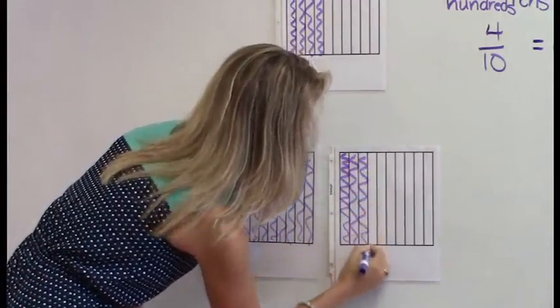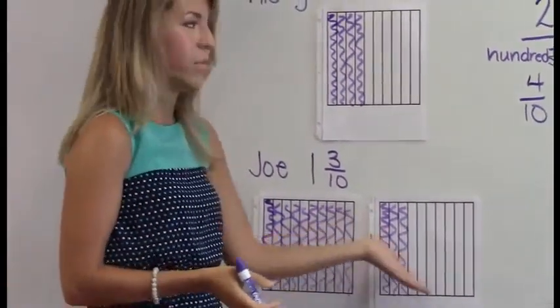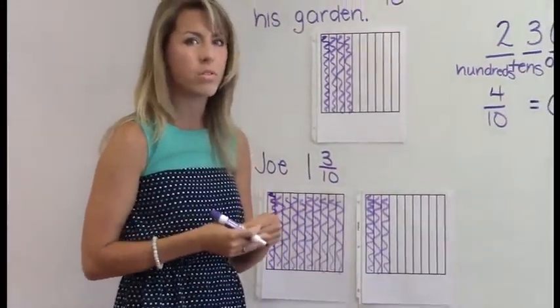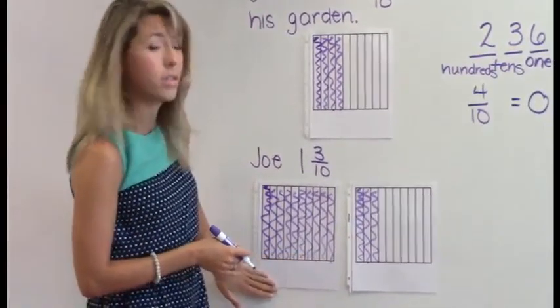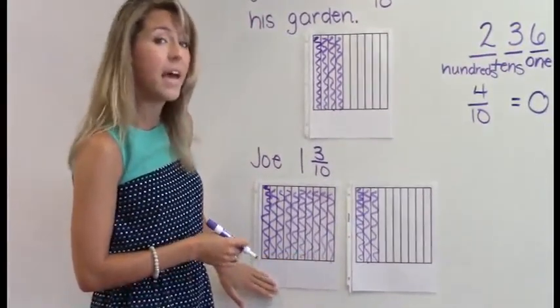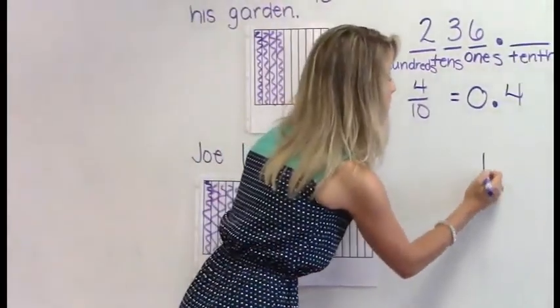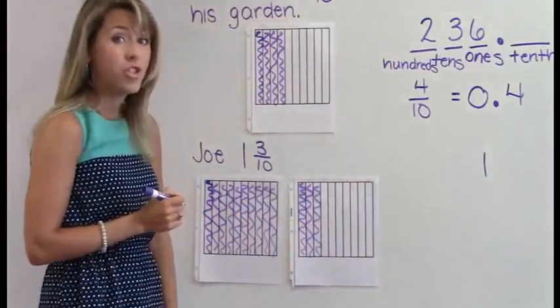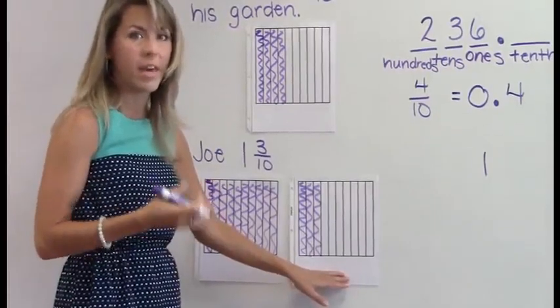When we think about writing this value as a decimal, we need to go back to thinking about our whole numbers. This time we know that Joe does have 1 whole garden planted with carrots. That means we can record the digit 1 in the ones place. We also know that Joe has 3/10 of his second garden planted with carrots.